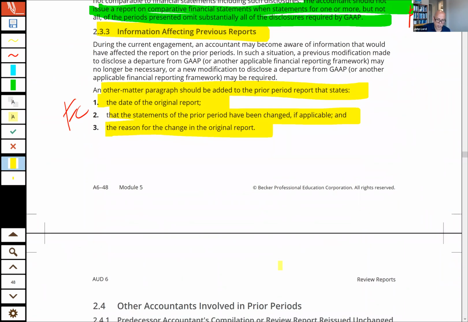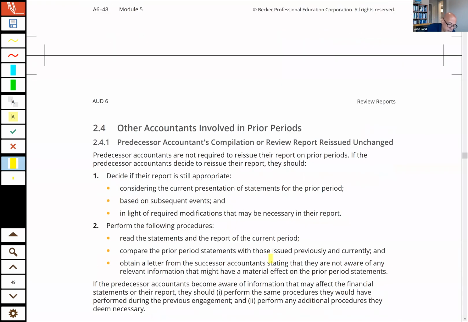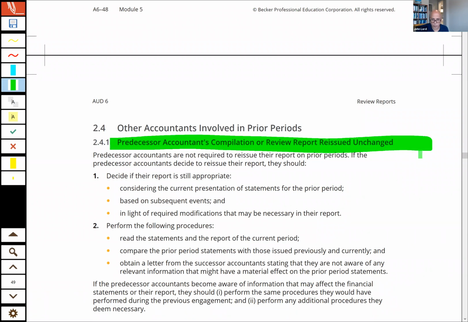Okay, that's just like what we said for an audit. If you change your opinion, you have to provide these elements. Okay, if there is a predecessor accountant involved, and remember we had certain inquiries that we had to make of the predecessor, what happens here?